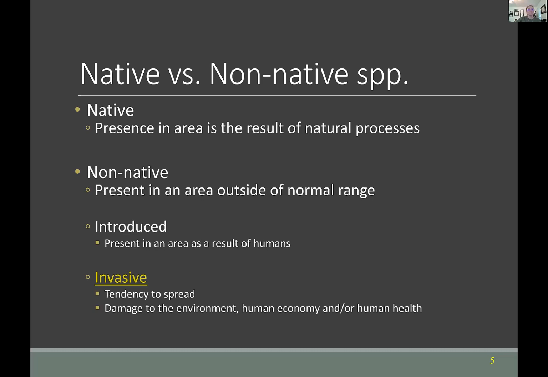Obviously, if you're having to put research and funds into managing fire ants in your front yard and you have allergies to being stung by them, obviously there is going to be an economic association with that. That being said, the human economy, we could also look at it from trying to eradicate agricultural pests. Right. And so maybe there's not a human health importance to that, but there is definitely an economic importance to that.